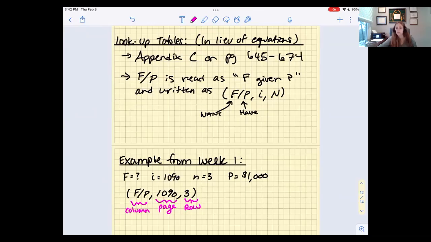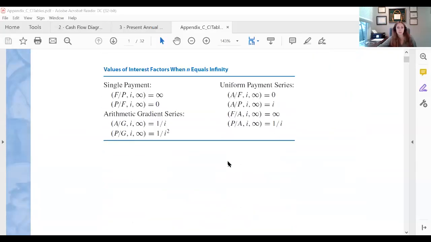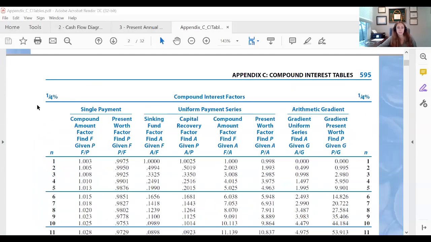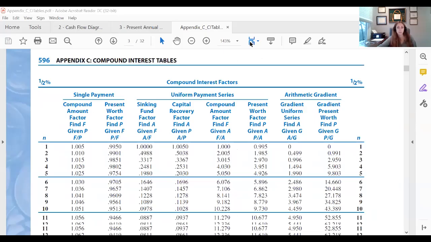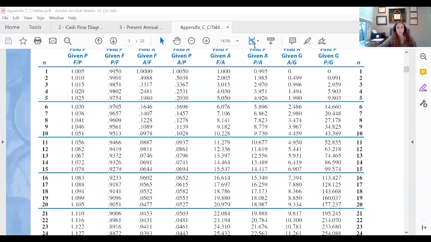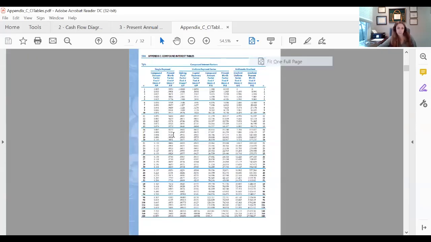So I'm going to show you one time I'll share my screen, but the rest of the time I'm assuming you have this pulled up. So make sure you know where to find it or you have a book. So it looks like this, compound interest tables, okay? And you see these percentages up on the left-hand side, 1/4%, 0.5%. So you would need to find the right page for 10%.